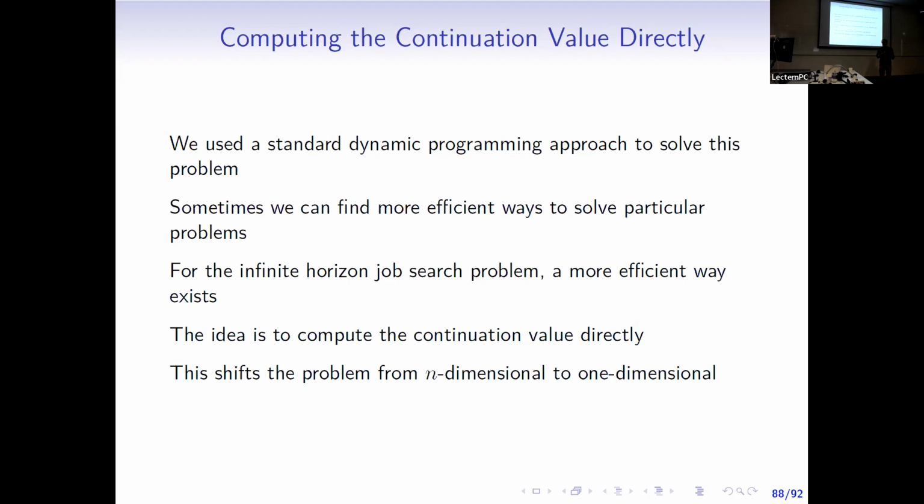But in many cases, when we look at dynamic programs, we can rearrange things in ways that lead to greater efficiency. And I feel like I'm teaching my grandmother to suck eggs here, because structural econometricians are masters of doing exactly this, finding clever ways to rearrange dynamic programs to make them more efficient.